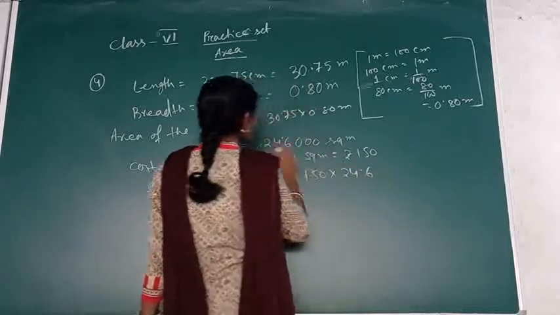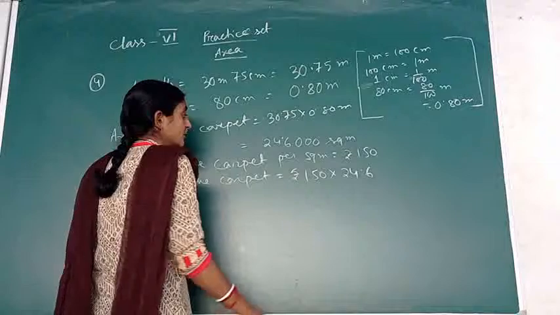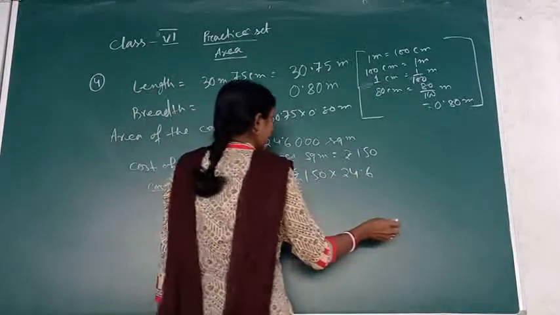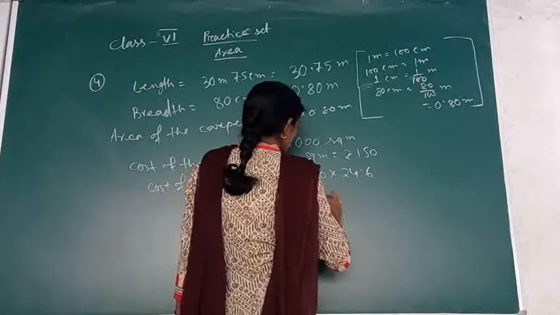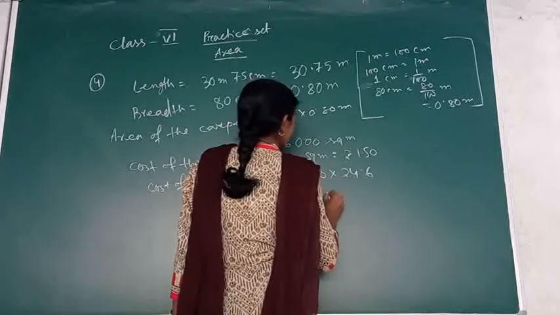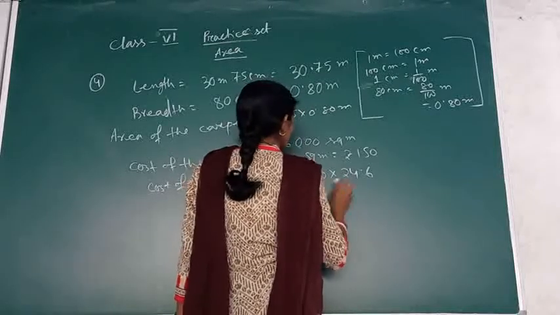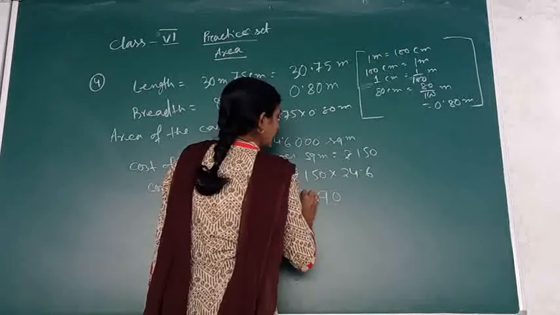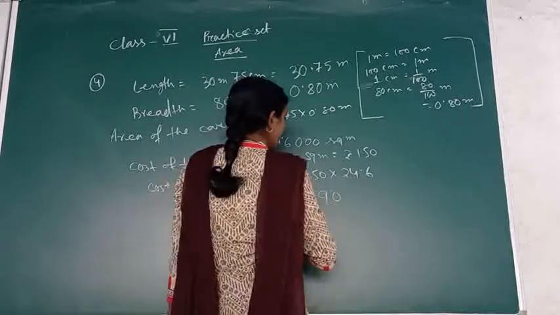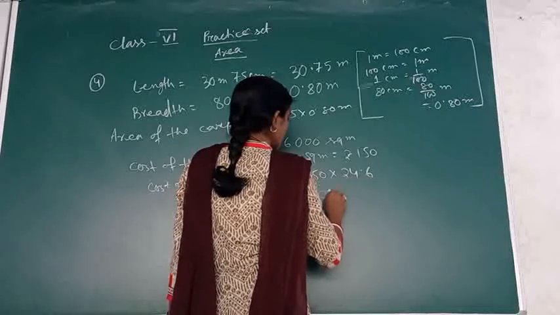Which one we are going to multiply? 24.6 will be getting multiplied with rupees 150. Let's go for the final calculation here. Yes, up to that.